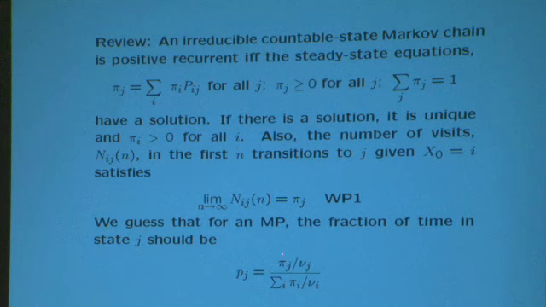Now, when you write p sub j equals pi sub j over nu sub j, you have a constant there which is missing, because what we're doing is we're amortizing this over some long period of time. We don't know what the constant of amortization is. But these probabilities should add up to 1. If life is at all fair to us, the fraction of time that we spend in each state j should be some number which adds up to 1 as we sum over j.